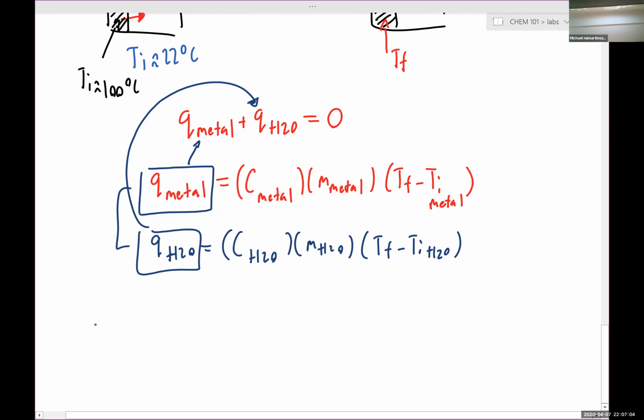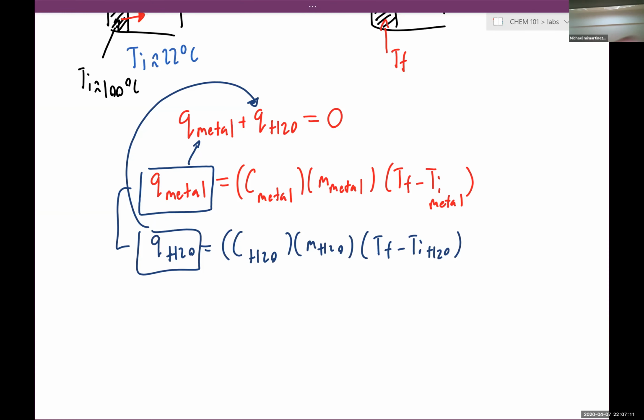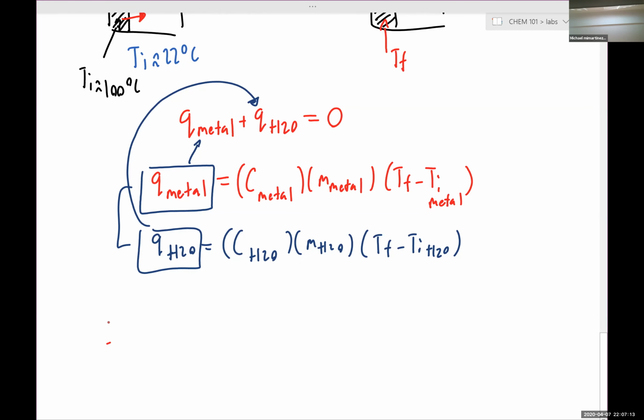So we have C metal, let me use the red ink for that, just for consistency, C metal times M metal times T final minus T initial metal.